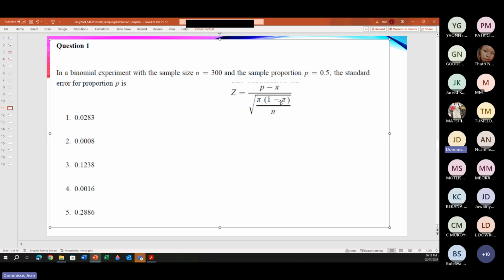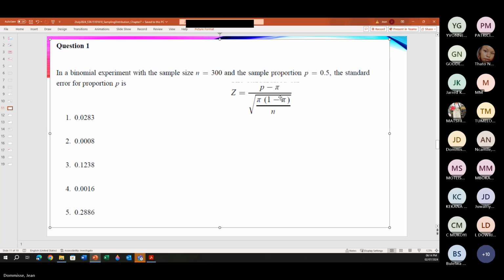Look at that formula, and you will see a bit of that in your variance component for binomial. So we've got the standard deviation here for the proportion divided by n. That standard error is just a bit different than the normal one that we work with, but you can see the links between the proportion and the mean and how we got to it.